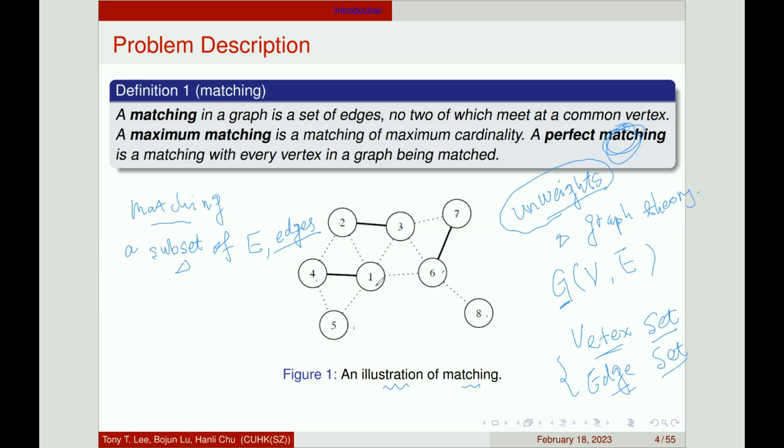You could impose the notation, like this is vertex 1, this is vertex 2, this is vertex 3, and so on. In this illustration, we have a cardinality of vertices of 8.